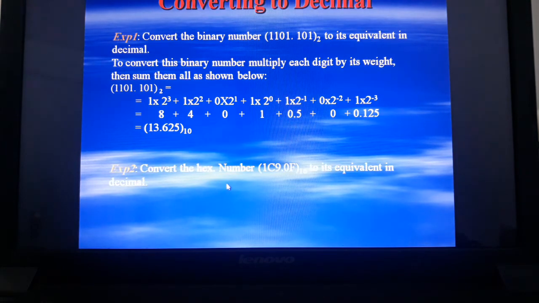Another example, to convert the hexadecimal number 1C9.0F to its decimal, also sum each number multiplied by its weights.